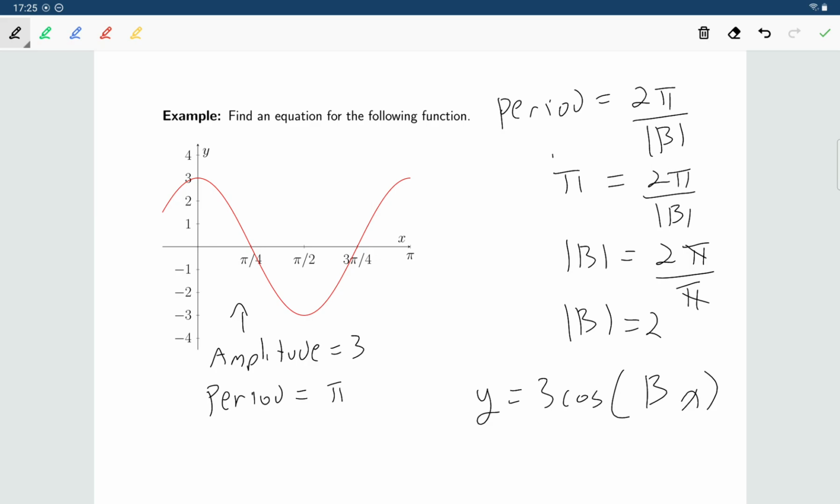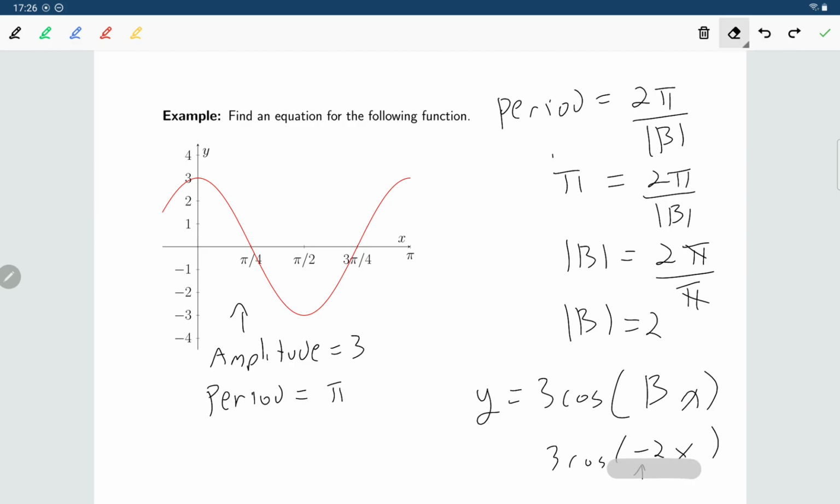And the reason why it doesn't really make a difference whether I say b is +2 or -2 is because we're talking about a function that's symmetric around the y-axis. Remember that if I were to say that y was 3 cosine of -2x, the negative would be referring to reflecting things around the y-axis. But since we're symmetric around the y-axis, cosine of -2x and cosine of +2x should look exactly the same.